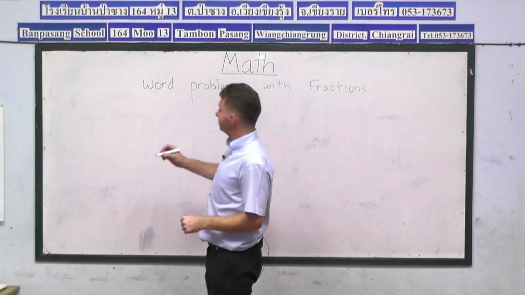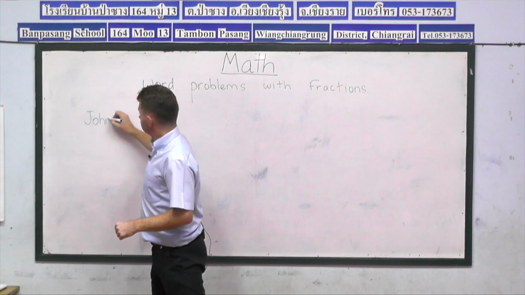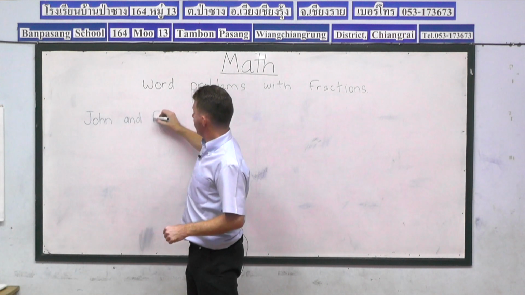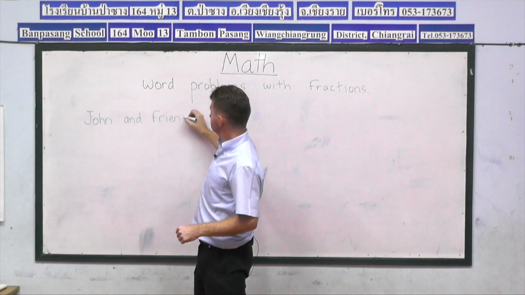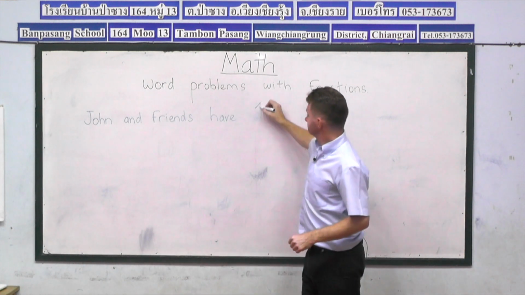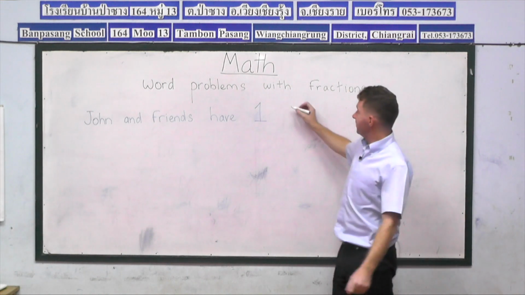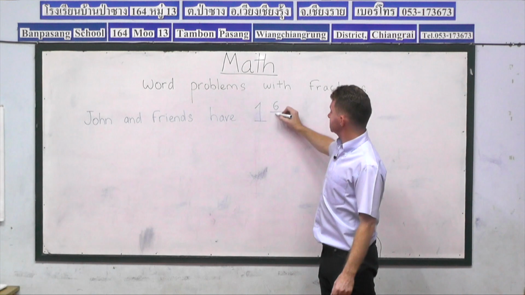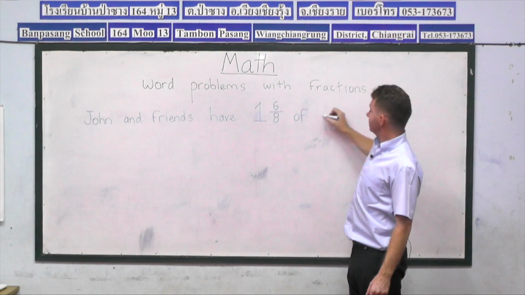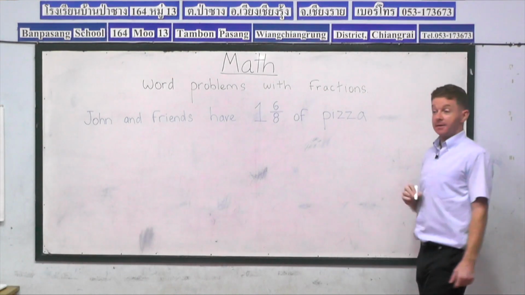We can have, let's say, John and friends have 1, 1's our whole number, and 6/8 of pizza.